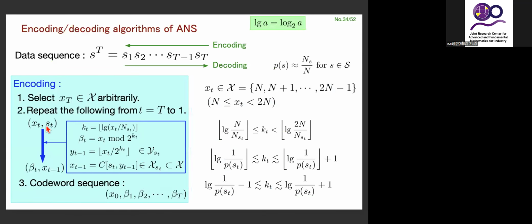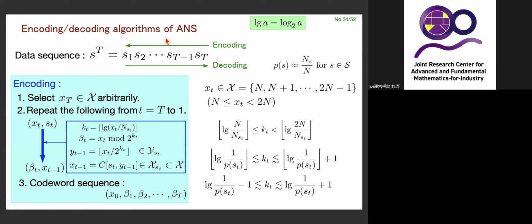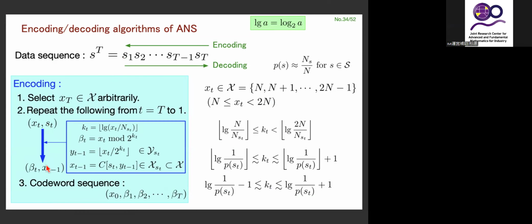ANS is encoded symbol by symbol, but ANS uses an internal state, and usually N is very large, and this improves the compression rate compared with the Huffman code. In Huffman coding, we only use one state. One state means one coding tree.